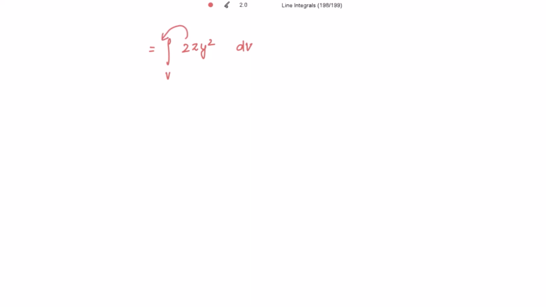Taking the 2 outside, we write this as the triple integral of zy square, writing dv as dx dy dz. Because I am having z in the first place, I am writing this as dz dy.